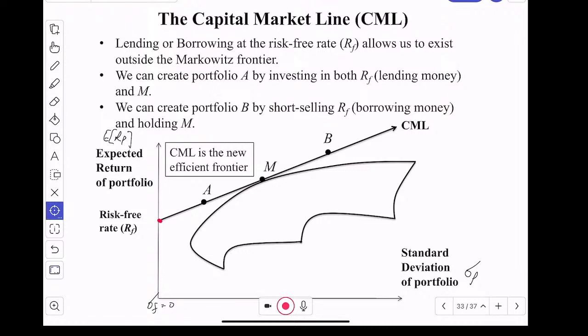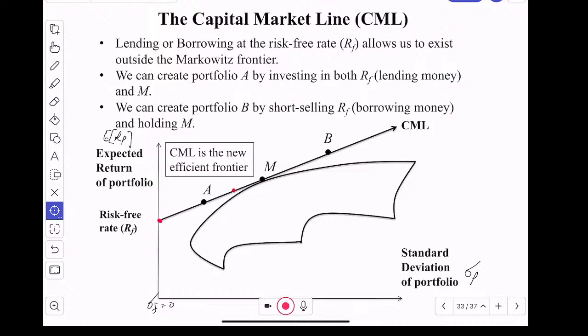And this one is the one I would choose among all the others, and it involves just the market portfolio.